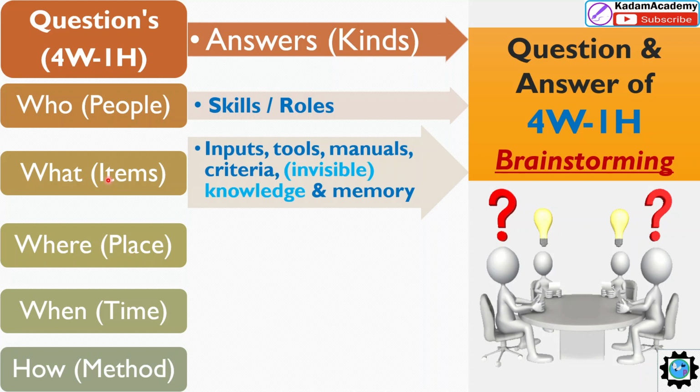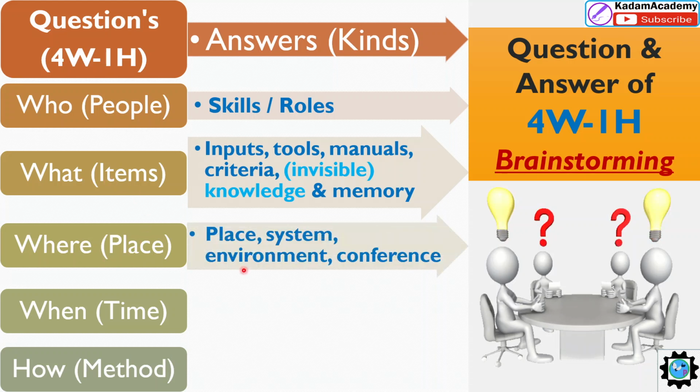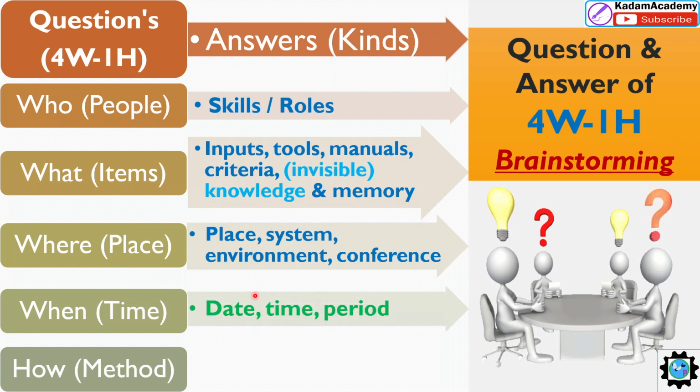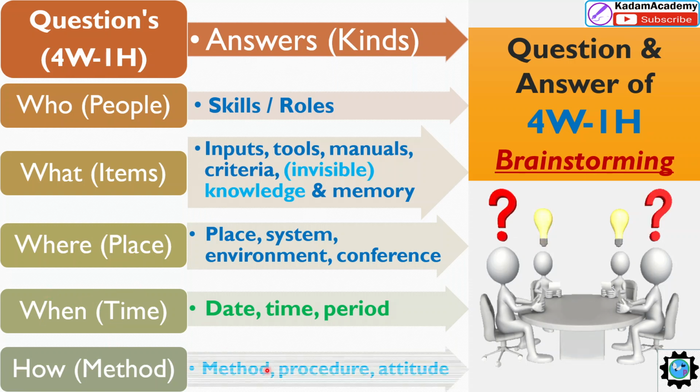Where means the place, system, environment, conference; all these things must be clear from this question. When means when it is going to occur, what are the date and the time period. According to your problem you will analyze it. How means which method you are going to use to solve, what technique, procedure or attitude.